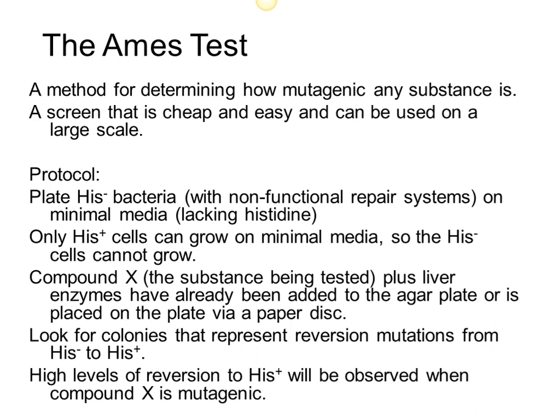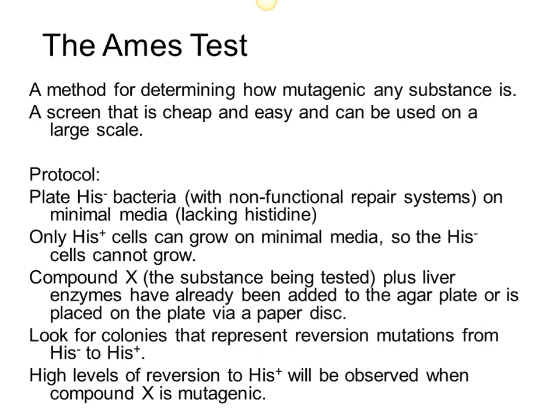So, when we're thinking about mutagens, chemicals or radiation that causes mutation, what comes to mind is a test called the Ames Test. And this is used really to determine, among other things, how mutagenic a new drug is.